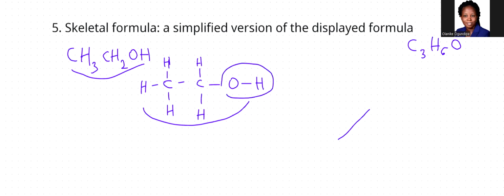Because the OH bond is attached to the second carbon atom, I'm going to attach that here. So that is the OH bond. Remember that I told you that hydrogen atoms that are attached to atoms apart from carbon need to be displayed. So this is the skeletal formula of ethanol, which has the structural formula of CH3CH2OH.